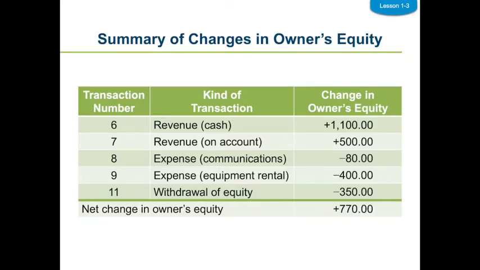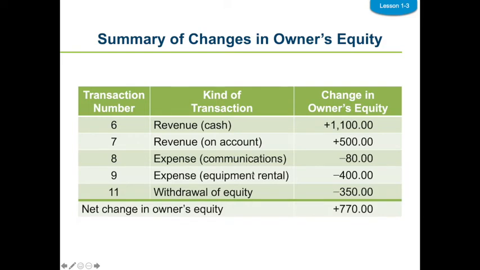Summary of the changes of owner's equity. If you look at your transactions, we had a couple of revenues. We had a cash revenue, and we had a sale on account, where we sold something on account and we sold it for cash. You can see that both of those transactions will increase your owner's equity because they are revenue. Your expenses, you had a phone bill and you had equipment rental.